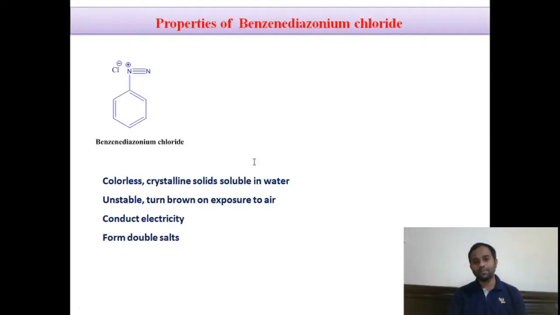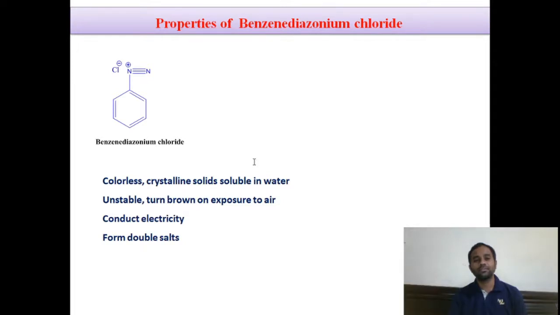And coming to the properties of benzene diazonium chloride, right? These are colorless crystalline solids. These are more soluble in water and less soluble in organic solvents like ether. This benzene diazonium chloride is unstable, and when exposed to air, it will be converted into brown colored compounds.